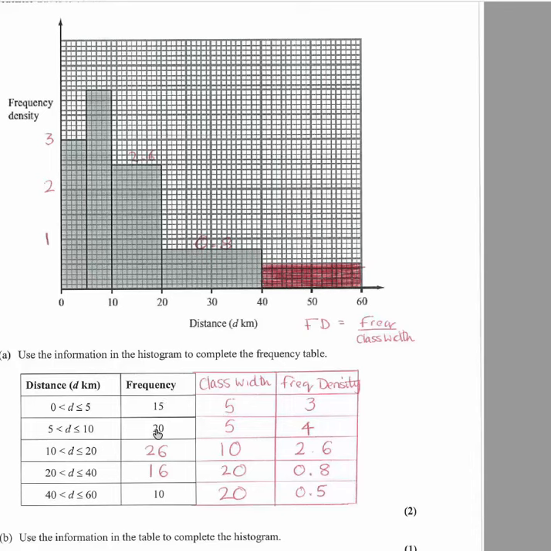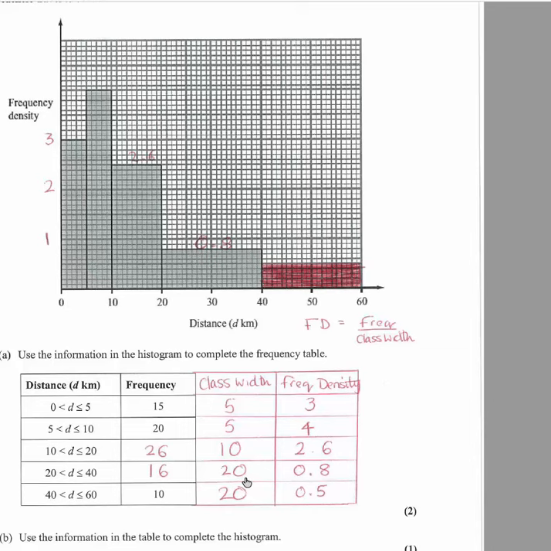So it's 5 wide, it needs to be 3 high to make the 15. In the same way, this one is 5 wide, and you can see that it's 4 high to make 5 times 4, 20. This one has a width of 10, and you can read off that it's 2.6 high, so 10 times 2.6 is 26.